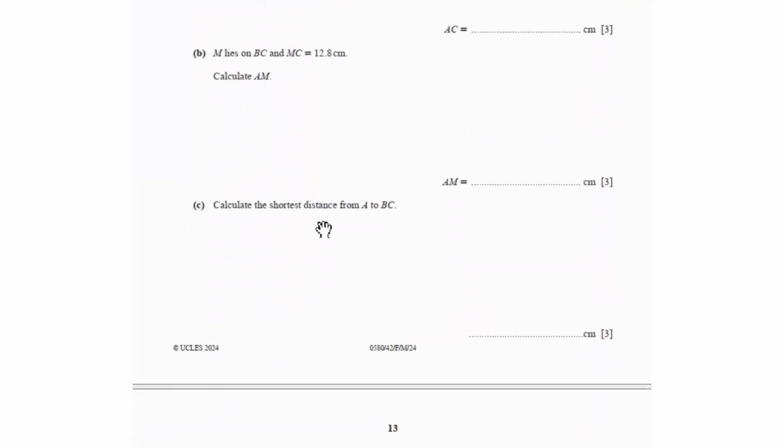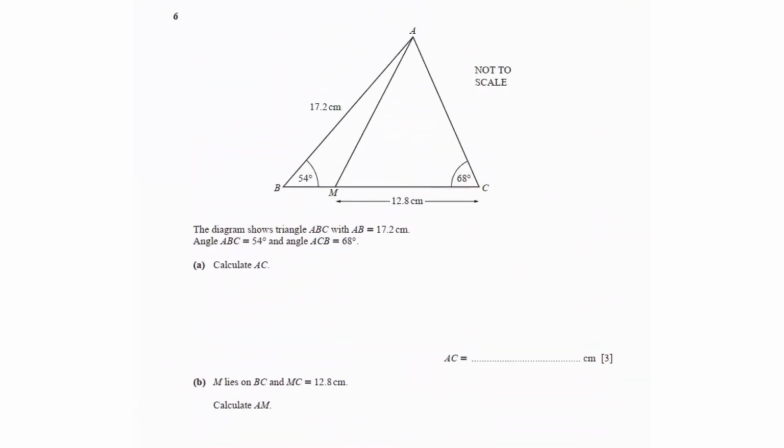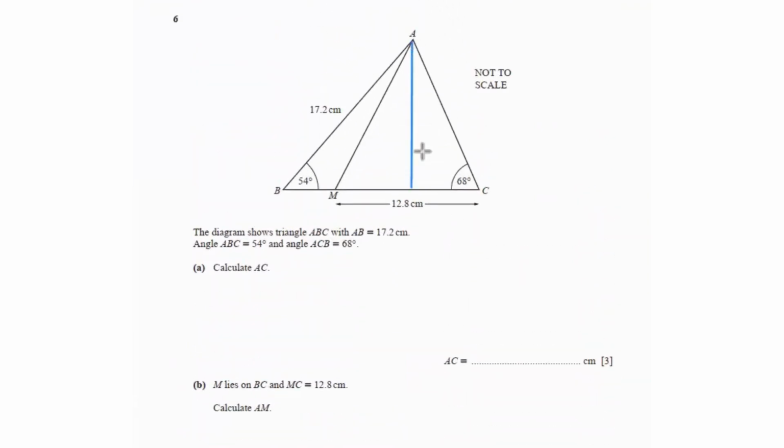Then it says calculate the shortest distance from A to BC. To find the shortest distance from A to BC, we can easily use SOHCAHTOA. We know this is 15.01. We have an angle. This would be the right angle. So we need this length.